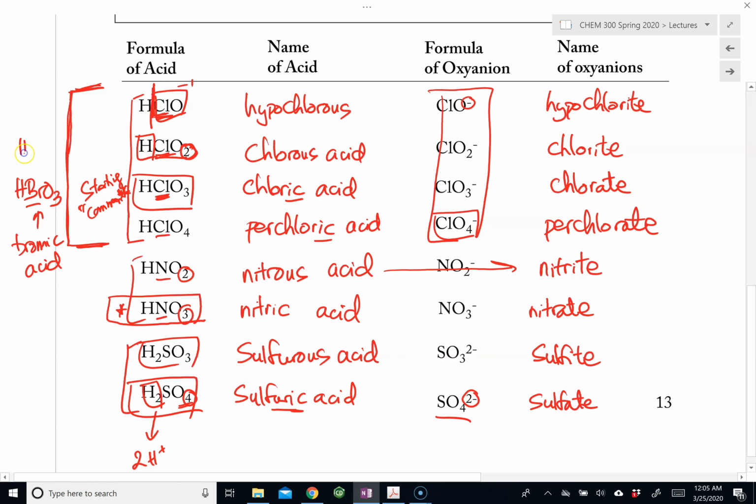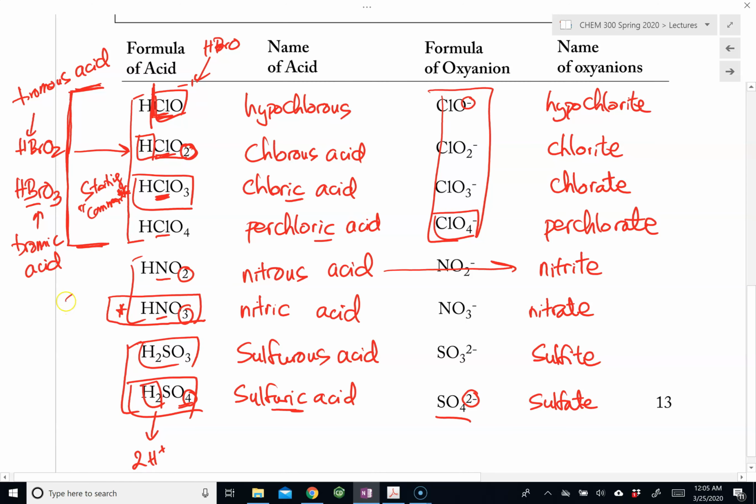And if we were to now have HBrO2, that's similar to this one, except instead of the chlorine, we now have the bromine. Then now this would be known as the bromous acid. And similarly, if we were to have, in this case, HBrO, this would be named as hypobromous acid. So that's how easy it would be.